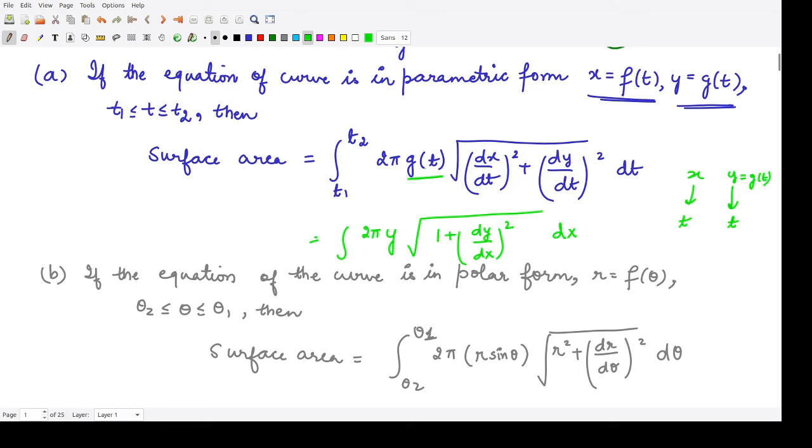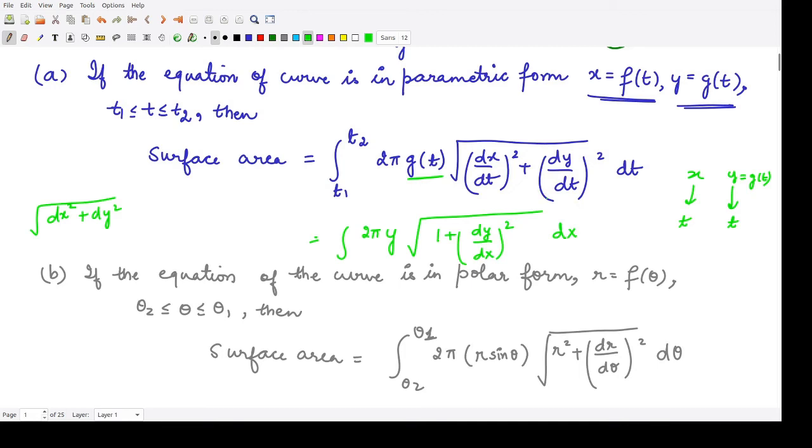So this is g of t, and in place of this square root of 1 plus dy by dx whole square dx, I will write what this was eventually equal to: square root of dx square plus dy square. Because x is a function of t and y is also a function of t, these quantities dx square become dx upon dt whole square, and dy square becomes dy upon dt whole square. So this is what we got in case of parametric curves.